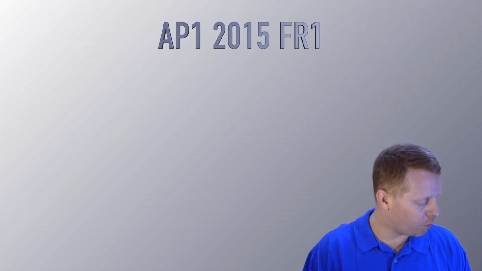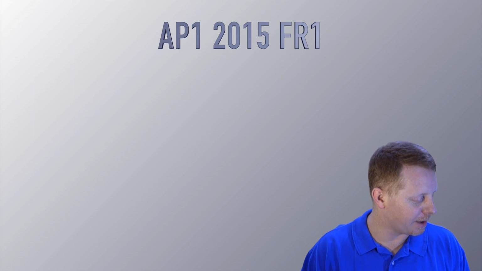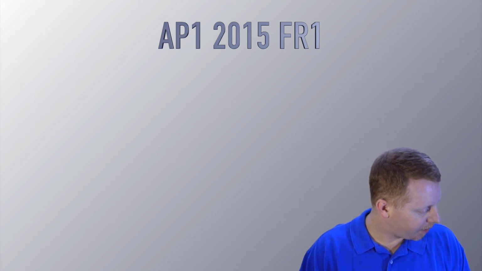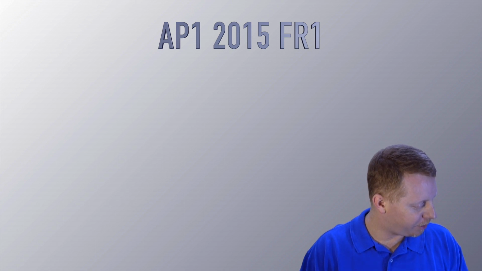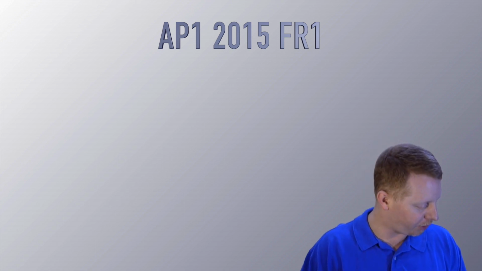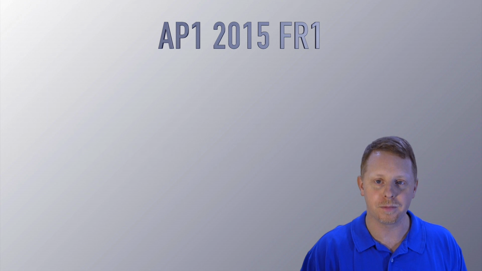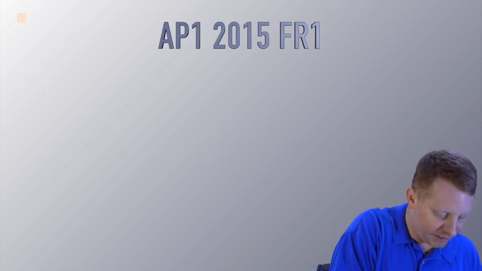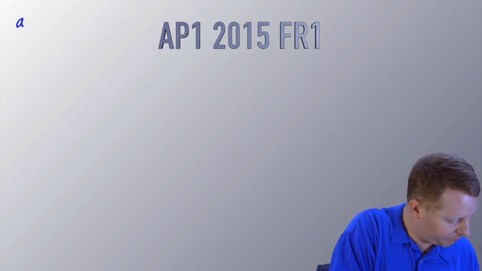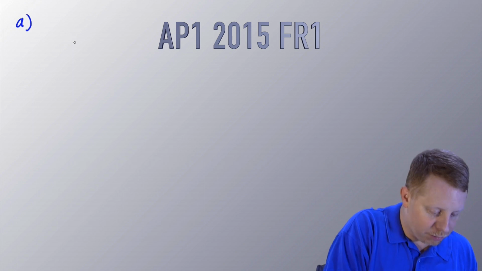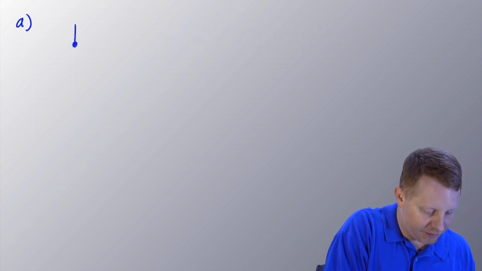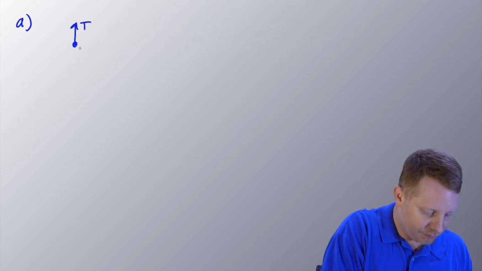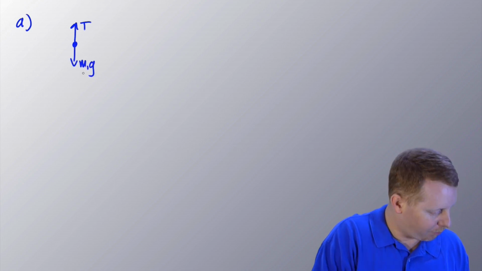Alright, so in question 1, we have a couple blocks hanging from a table with some massless pulleys by a string. We've got some dots here and it wants us to draw free body diagrams for each of our blocks. The way I would start that is we look over here at A. For block 1, we have the tension in the string up and its weight, M1G.